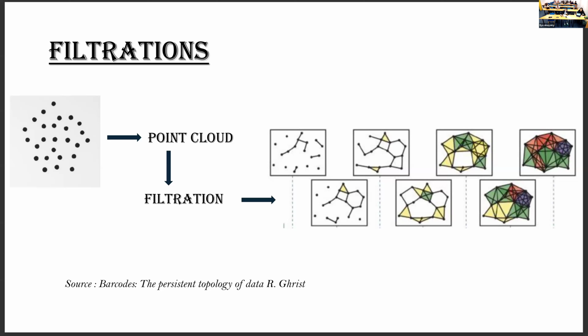A filtration is a sequence of topological spaces where at any given position t, the topological space at position t must contain all the topological spaces at positions prior to t.